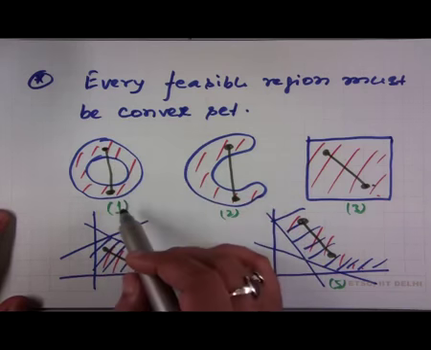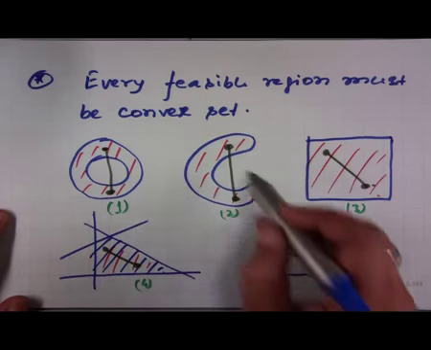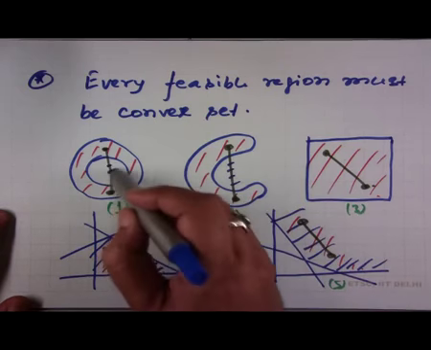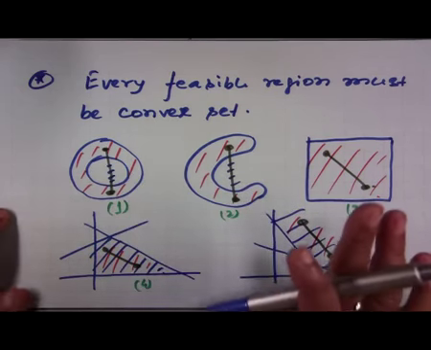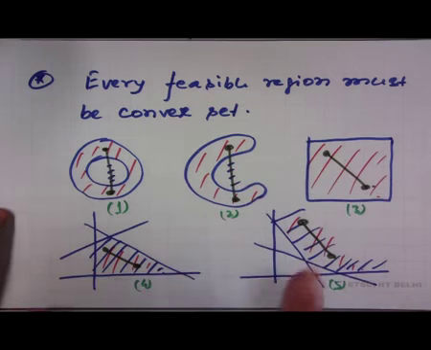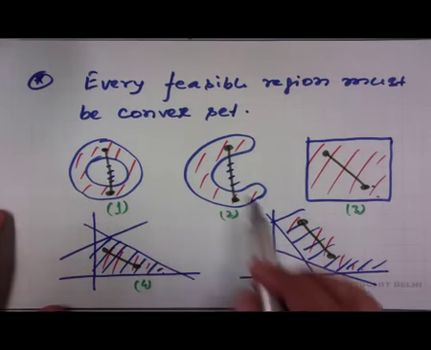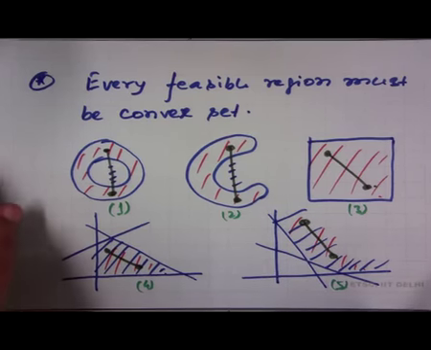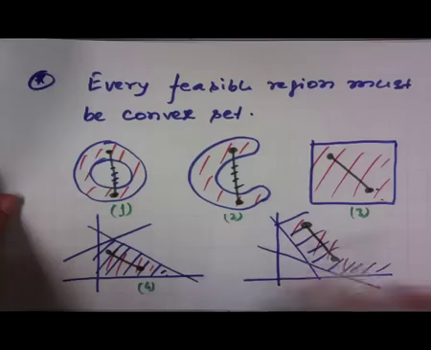In figures 1 and 2, these points don't belong to the defined region. That's why figures 1 and 2 are not convex sets, whereas figures 3, 4 and 5 are convex sets. So, we have to consider only figures like 3, 4 and 5 during discussion.